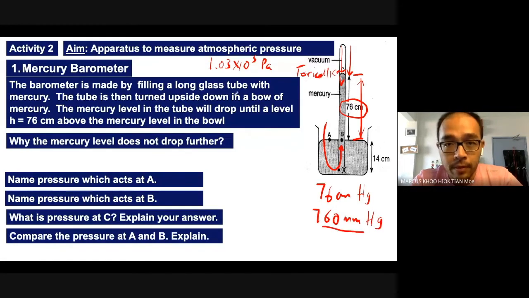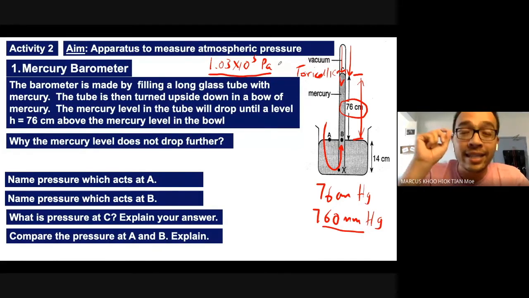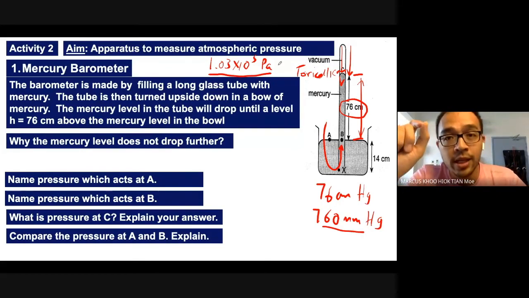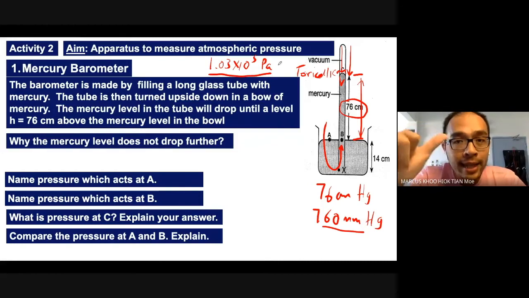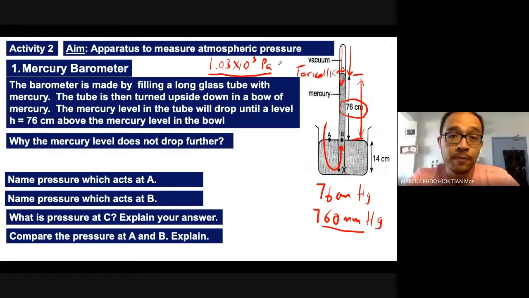This is exactly the same value, just with a different number and unit. In the next class, we will talk about when we use pascals and when we use centimeter mercury. Notice that I say centimeter mercury, not centimeter Hg. Get used to this unit, because we are using mercury.